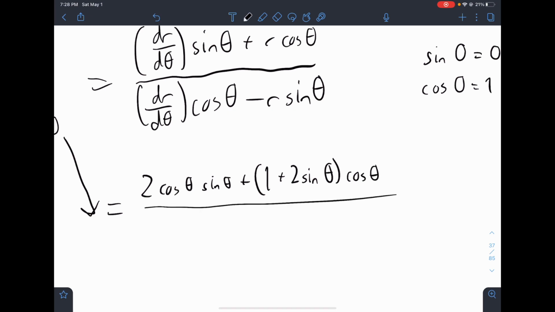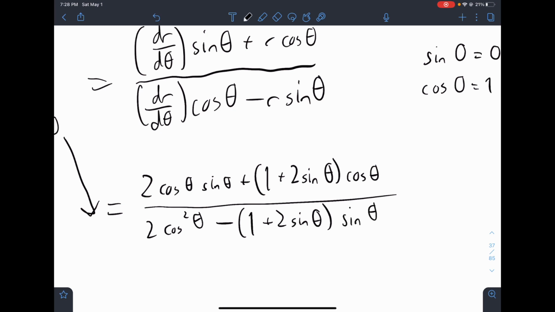Now this is all over 2 cosine squared of theta, because we're multiplying 2 cosines together, minus, we'll plug in r again, 1 plus 2 sine of theta, and then multiply by sine of theta.